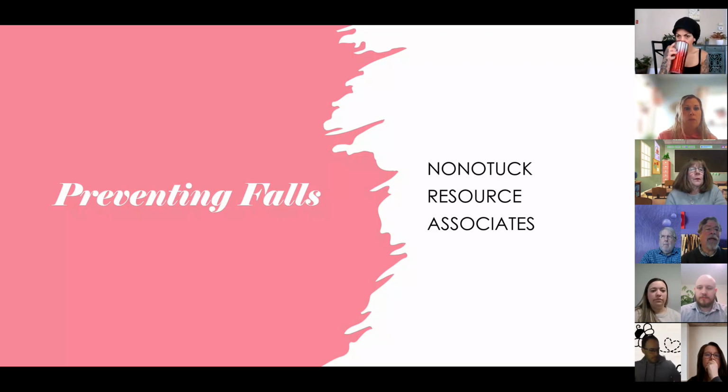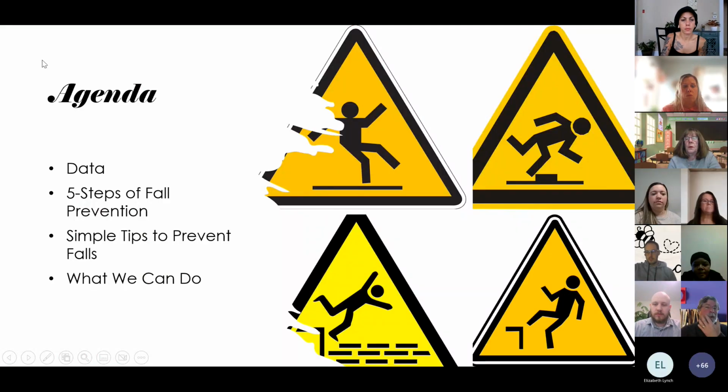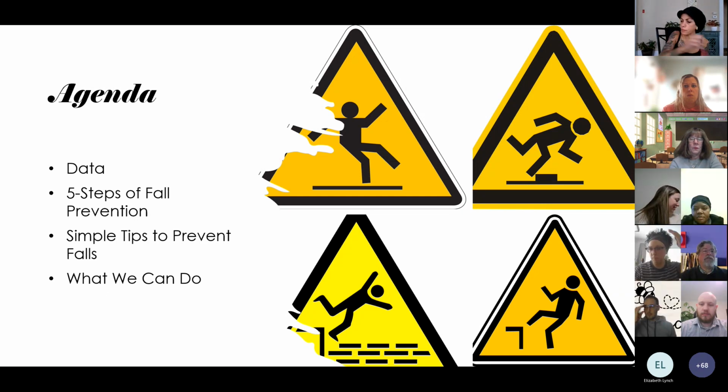Welcome to a little bit of a training on preventing falls here at Nonotuck. Let me show you what we're going to try to do today. The first thing we're going to do is take a brief look at some data and talk about why we're doing this, what the numbers have looked like over the past years for us.